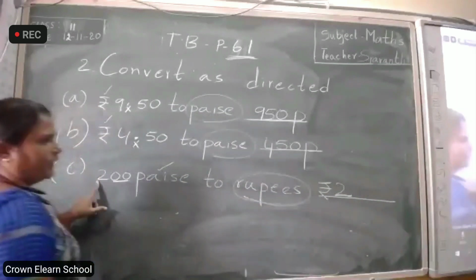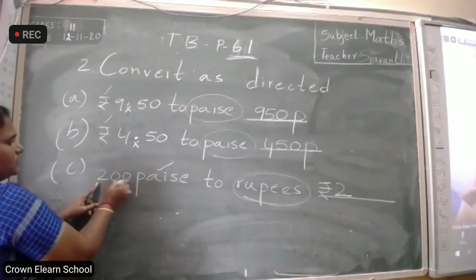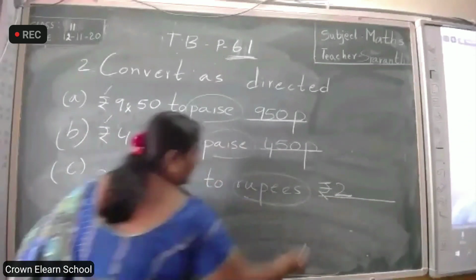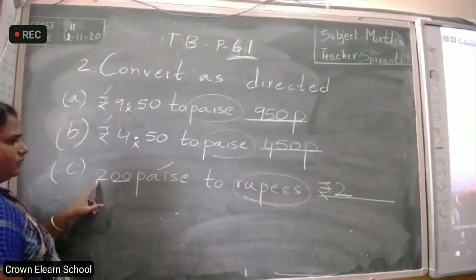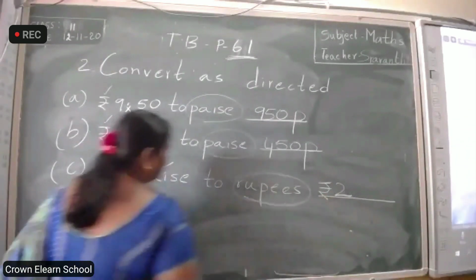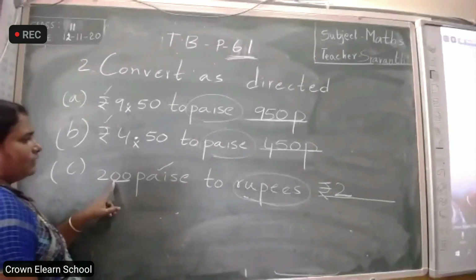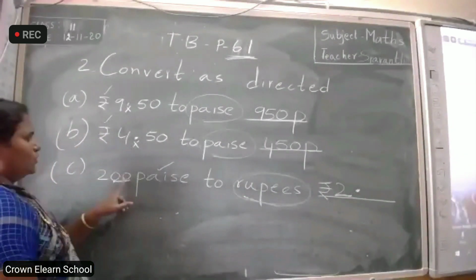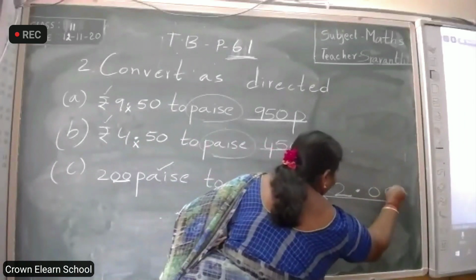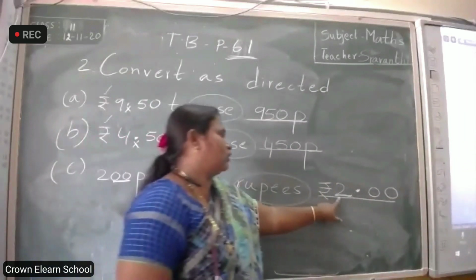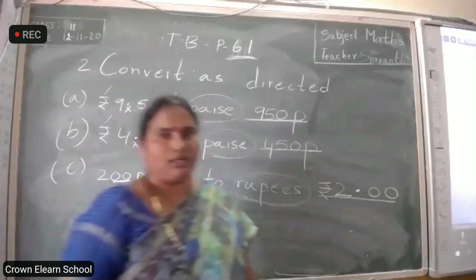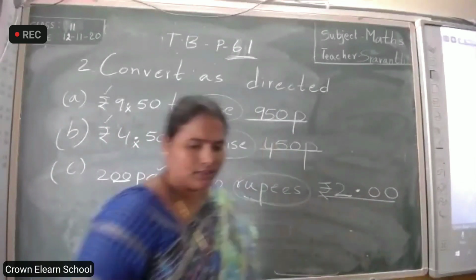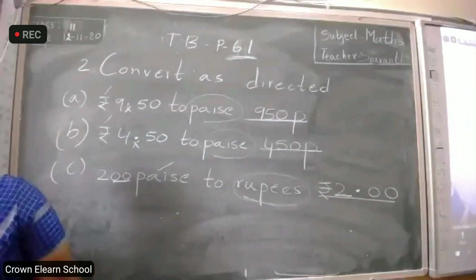Write 2 there. Did you underline these two? Please make it fast. Same 2 right here in the answer. And how will you separate? By putting dot, and 2 zeros. So you got 2 rupees 0 paise.